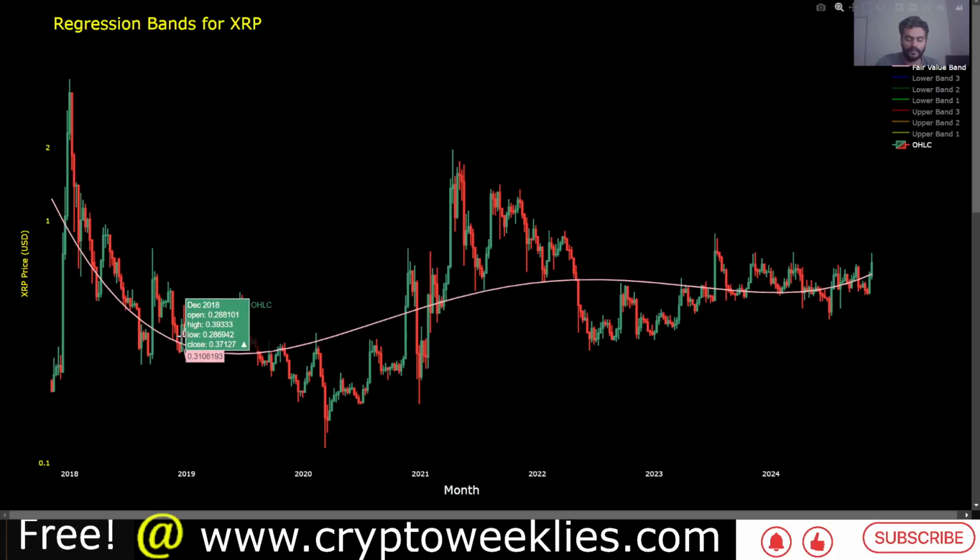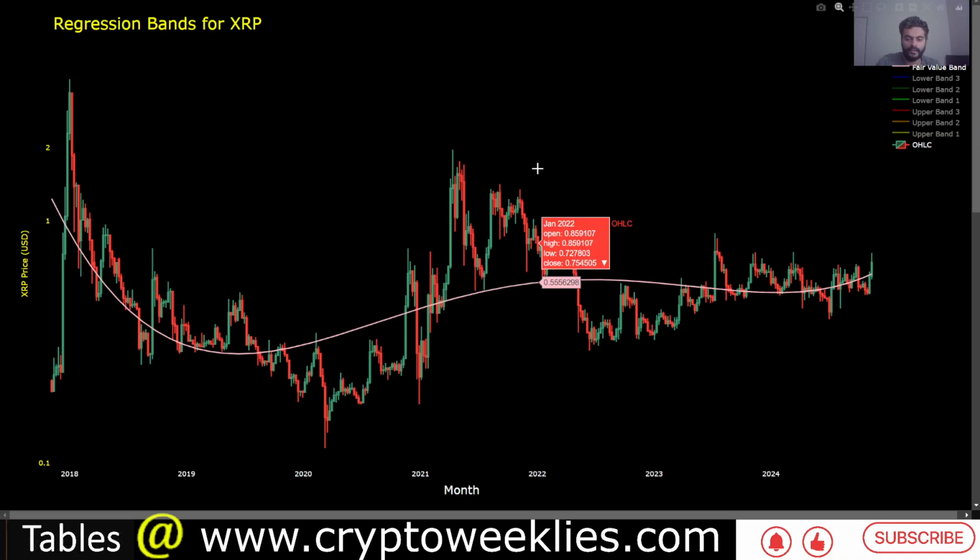That means during the bear phases, the fair value goes down with time, trying to cut the bullish and bearish phases within the bear phase equally in half, and then during the bull cases it again has a slightly upward bias.